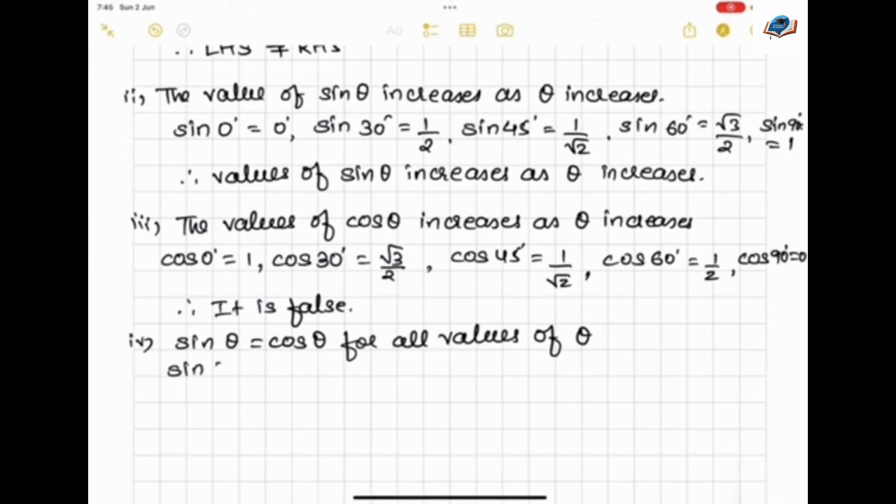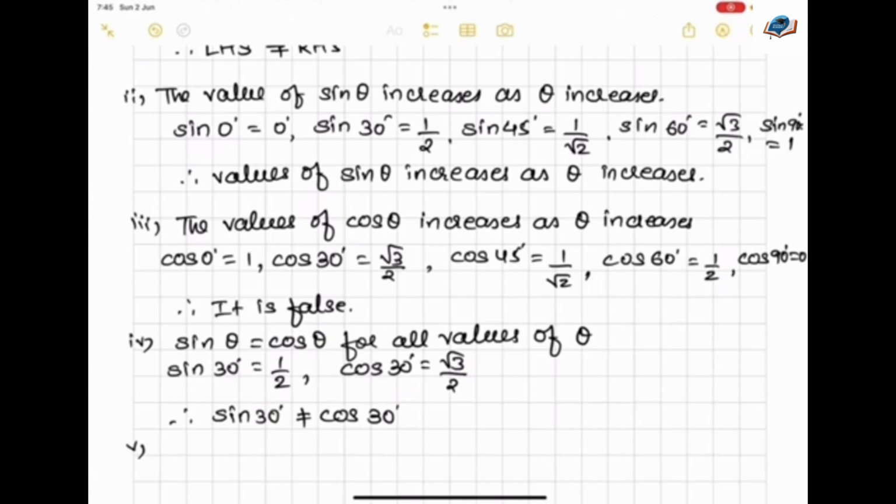So sin 30 will be 1 by 2, cos 30 degree equal to root 3 by 2. So therefore sin 30 is not equal to cos 30 degree. So therefore I can say it is false.